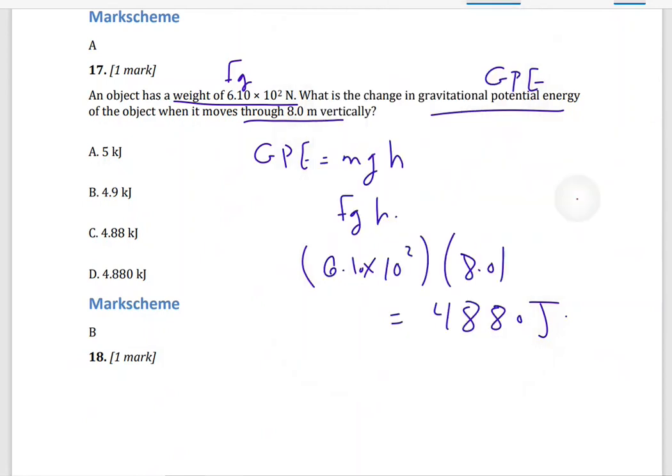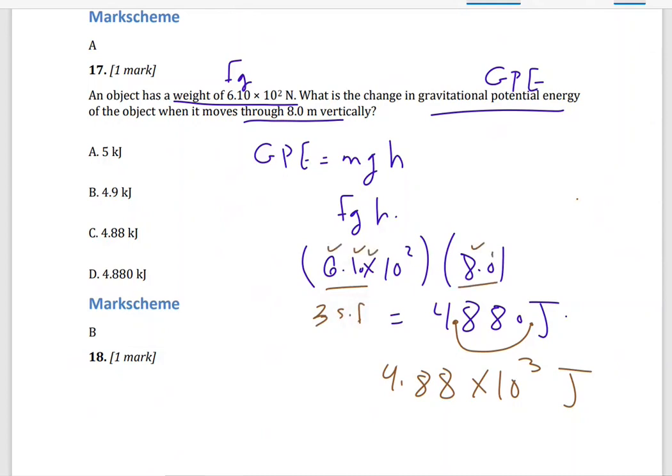When you write it in scientific notation, you put the point to the right. And if you don't have a point, move it till you have only one digit. So we'll have 4.88 times 10 to the power 3 joule. When you have multiplication, always round to the least significant figure. Here I have three significant figures, 1, 2, 3.